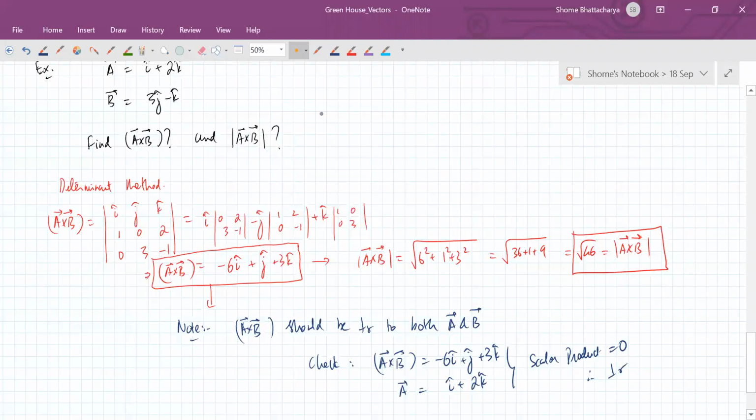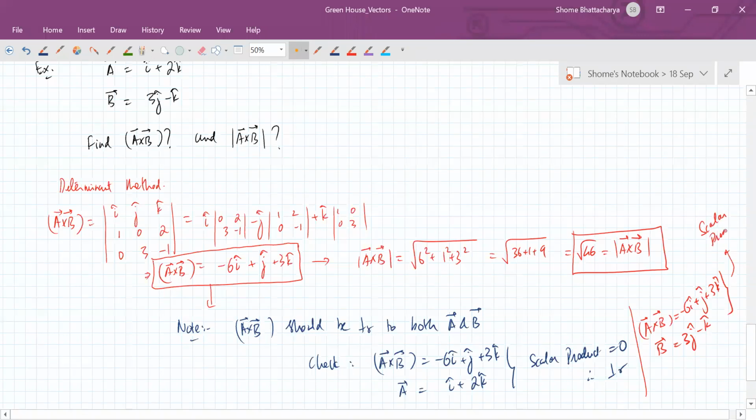Now similarly, you check again A cross B, which is minus 6 plus 1 plus 3, and the vector B we had above here, this one, so that is 3 j cap minus k cap. Check the scalar product of these two also, it will be 0.